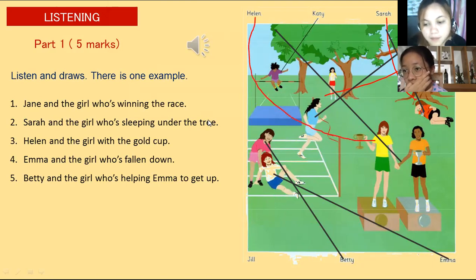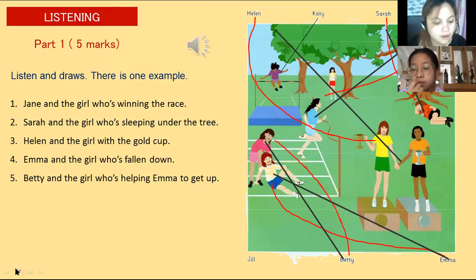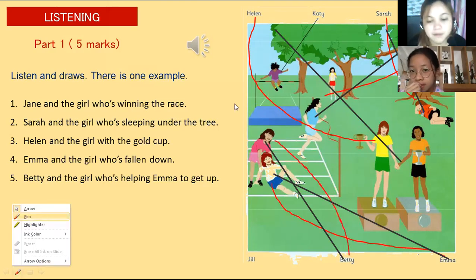Correct. Number 4, Emma and the girl who's fallen down. And last one, Betty and the girl who's helping Emma to get up. Okay, very good, Laura. So in the first part, you got the perfect score. Nice start.